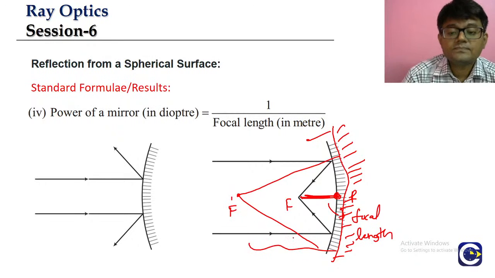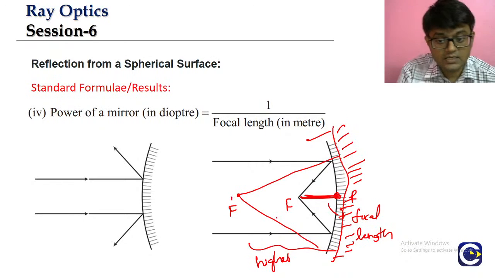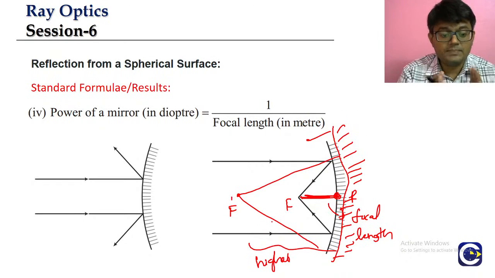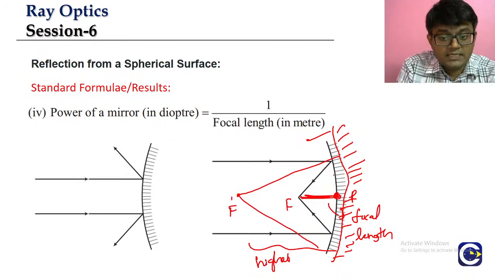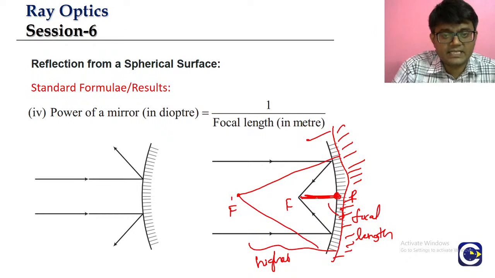What you see is this length is higher, because the focal length of that second mirror is higher. So when a parallel beam of rays is coming, the first, original mirror is able to converge the rays to a large extent, because the rays are converging to closer distances.